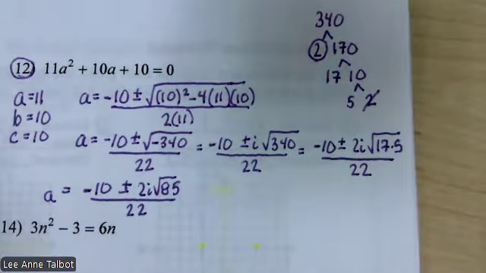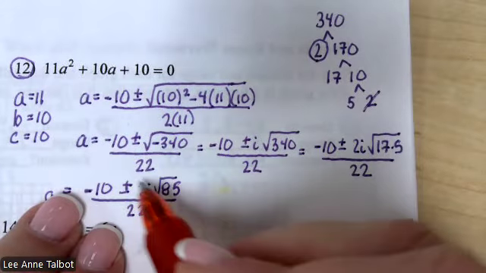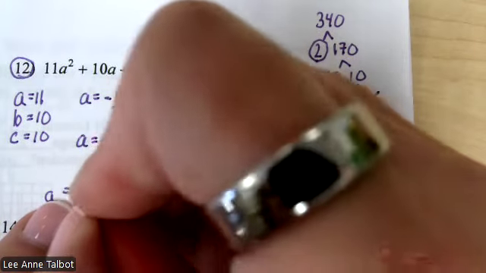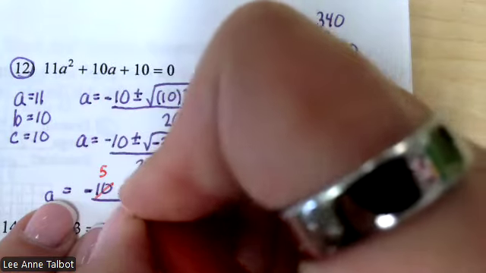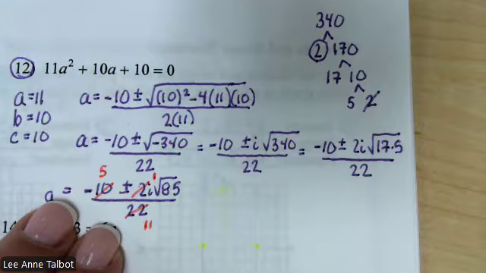Okay, and now you really, really want this problem to be done, and so do I, except that it's not. So this one is reducible. Now you have to either reduce all 3 of these numbers or none of them. These are all divisible by 2, so I'm going to make that a 5, that a 1, and that an 11. Did you see what I did?